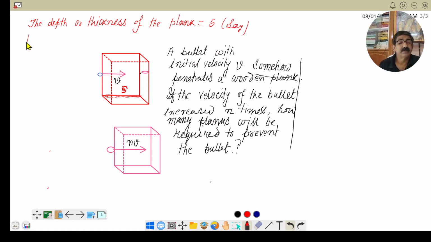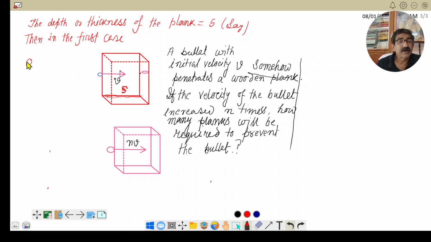Then in the first case, initial velocity V, final velocity 0. We need not write down all the quantities as we have learned the technique to solve the problems.